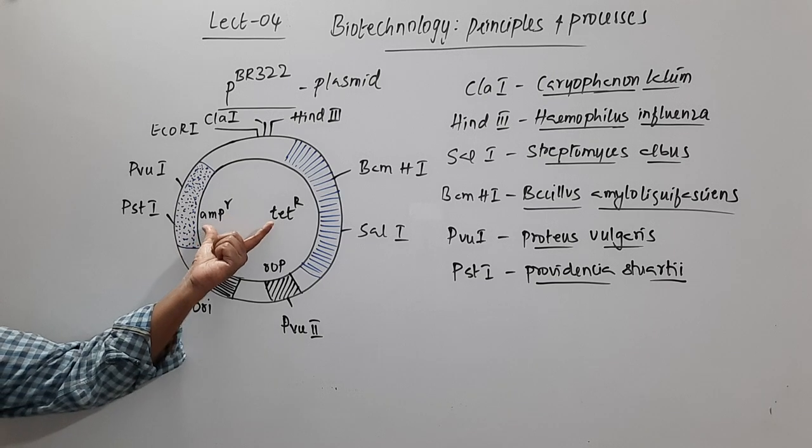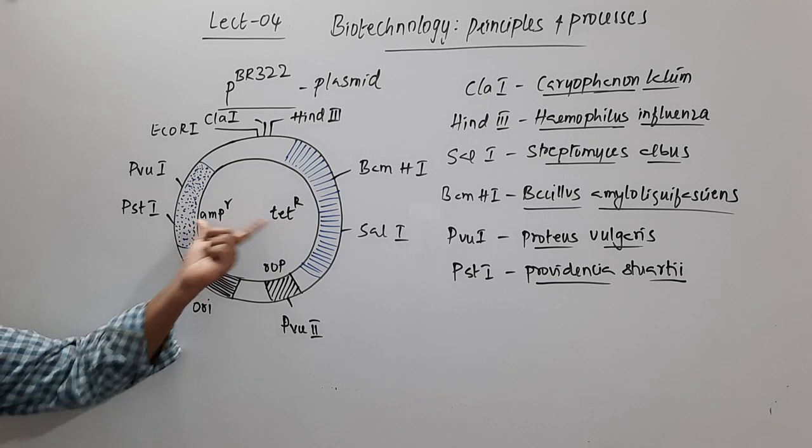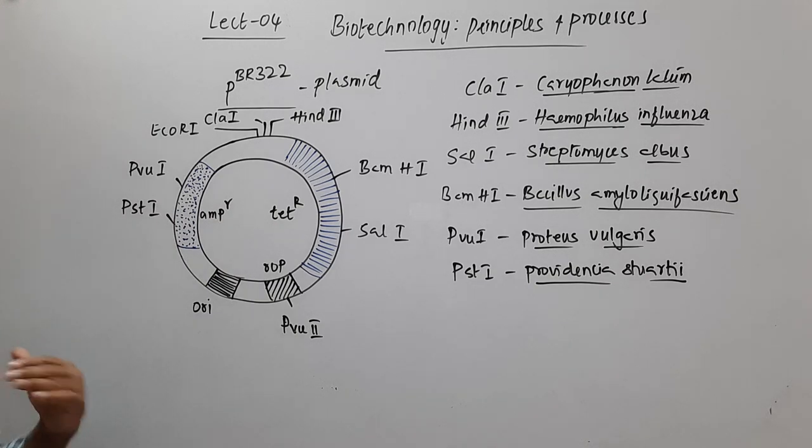I told you that ampicillin and tetracycline are two selectable markers with which we can identify the recombinant and non-recombinant. Now let's see what type of palindromic sequences these restriction endonucleases identify. We know that each restriction endonuclease will identify a particular palindromic sequence.